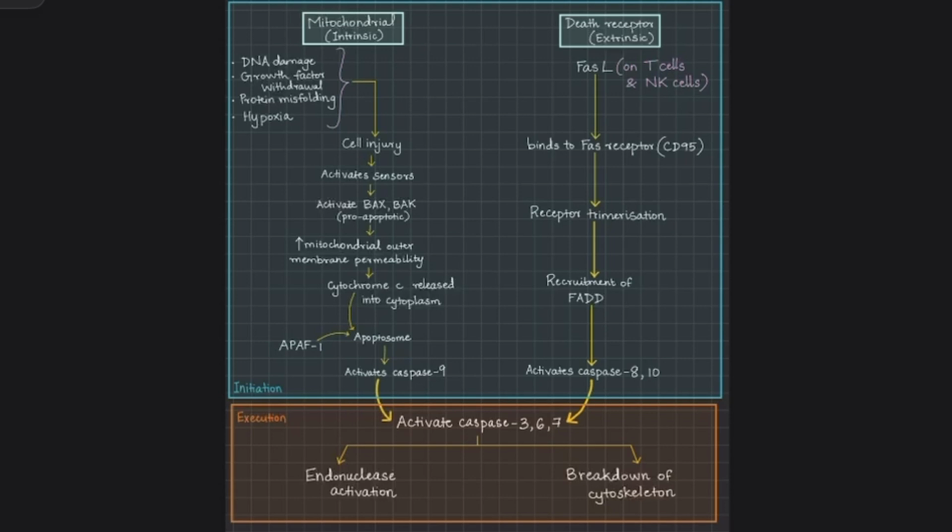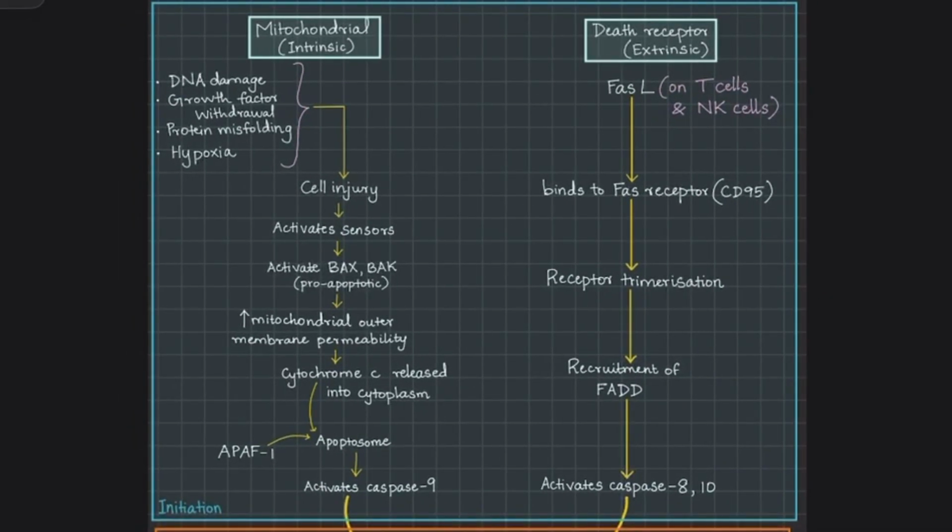As you can see here, apoptosis consists of two phases, initiation phase and execution phase. The initiation phase includes the intrinsic pathway and the extrinsic pathway. In the intrinsic pathway, factors like DNA damage, growth factor withdrawal, protein misfolding, and hypoxia cause cell injury. And this will activate the sensor proteins of the BCL2 family, which we have already mentioned. And these sensors will activate pro-apoptotic proteins of the same BCL2 family of proteins, which are BAX and BAK.